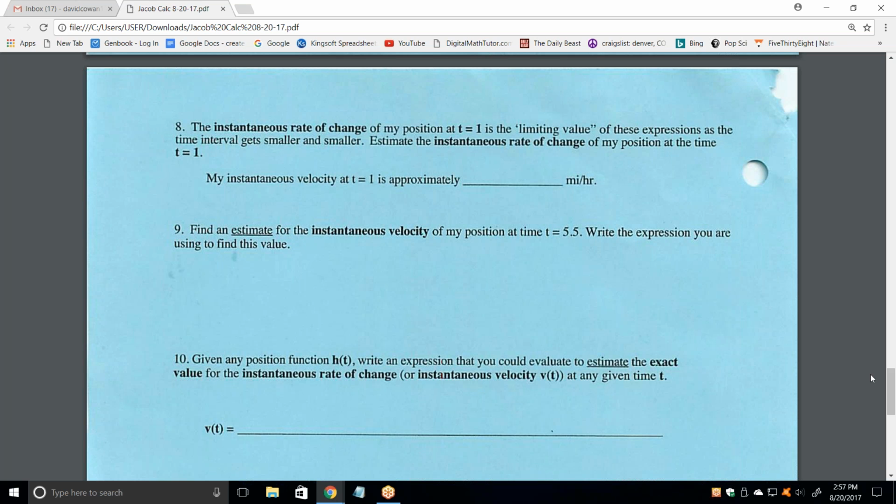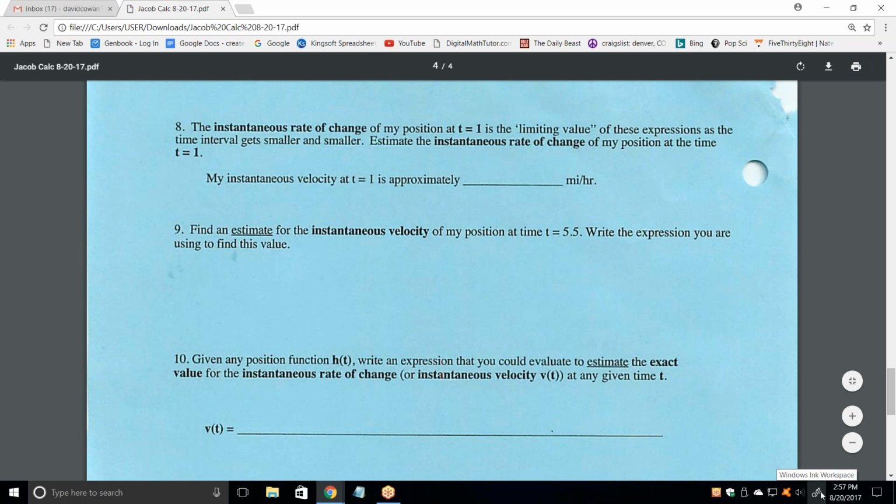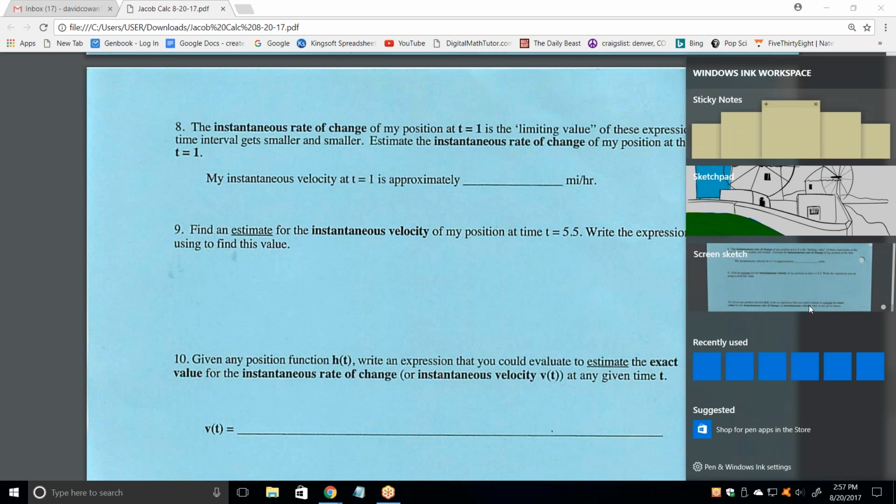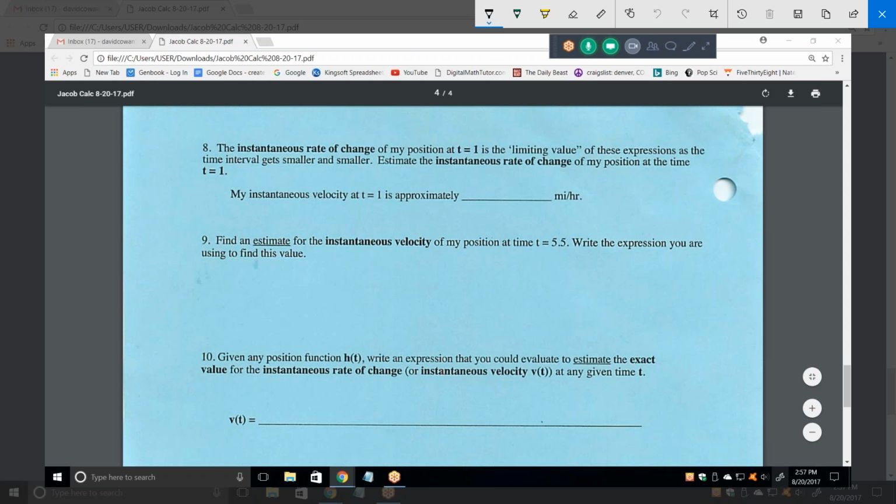And this one, number 9 here, just so I can get you through this lesson. What you'd want to do on number 9 is a similar process as you did on number 7. Find out what the average rate is between 5.5 and 5.501.